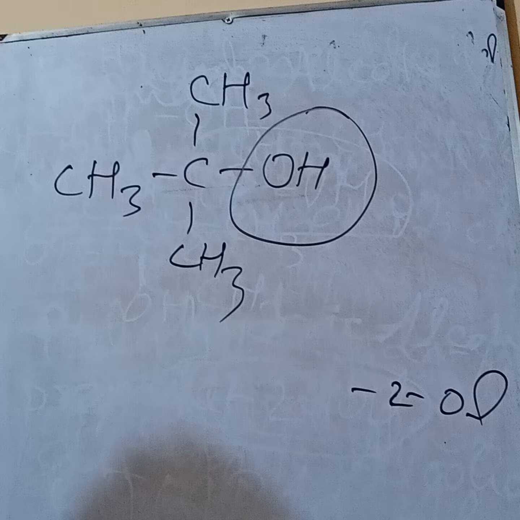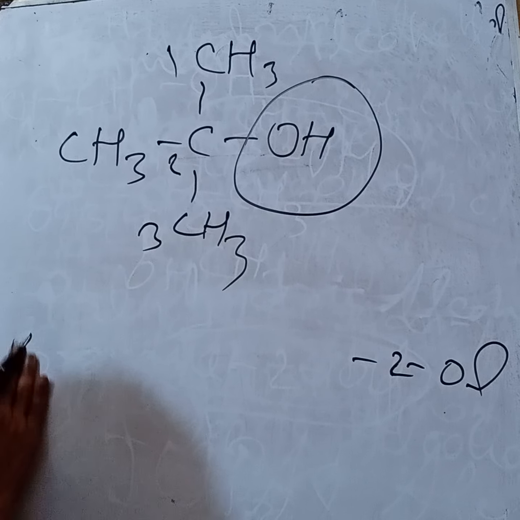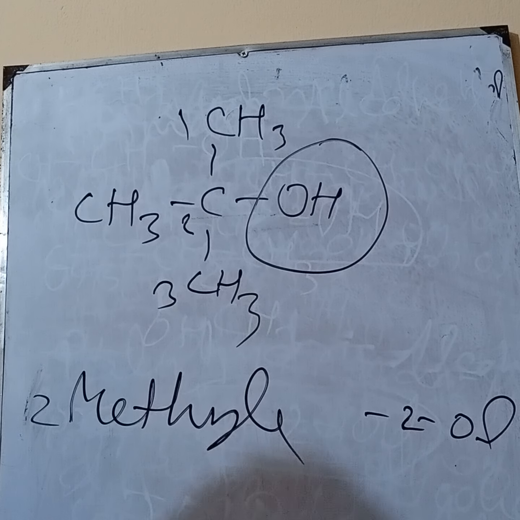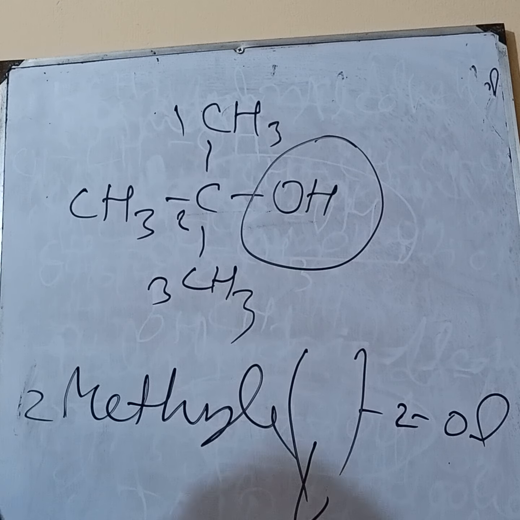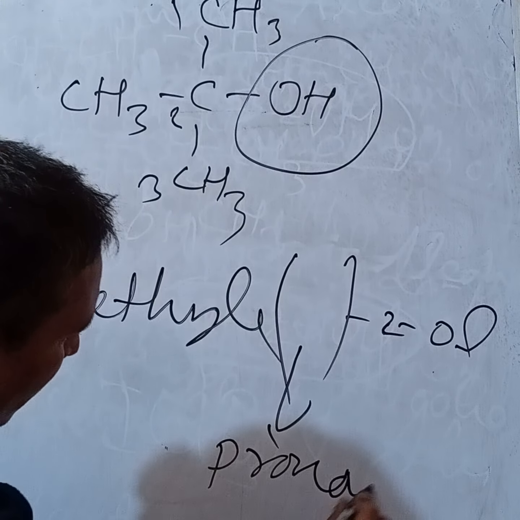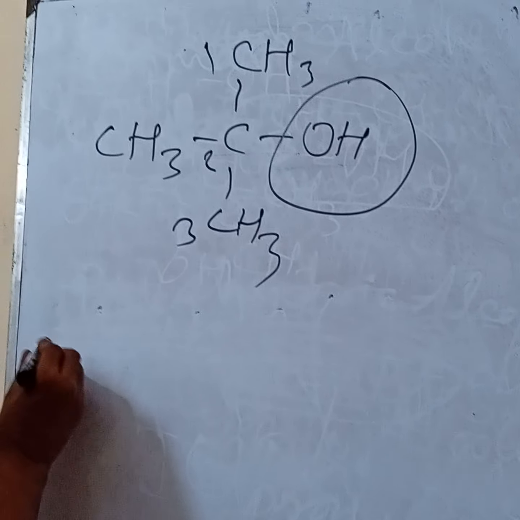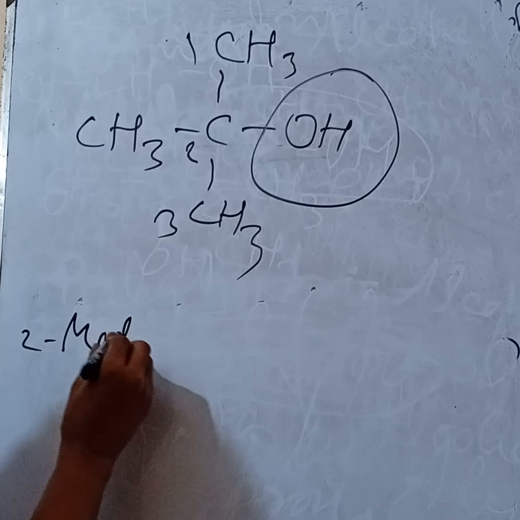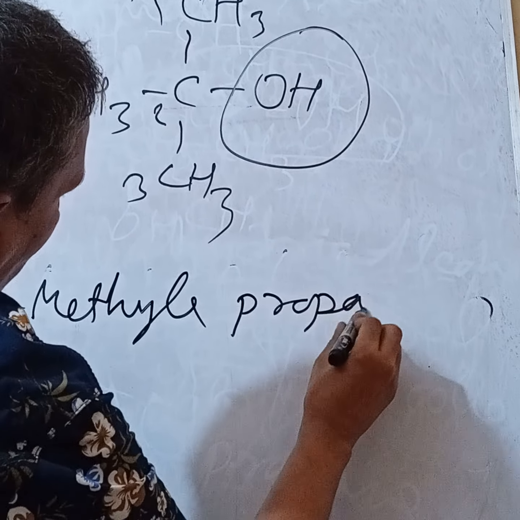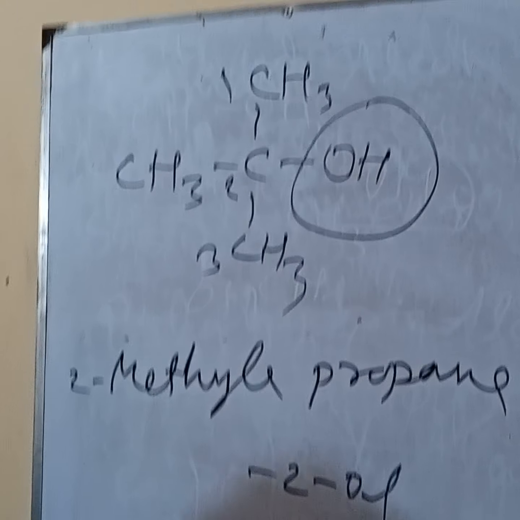Firstly, we have to write 1, 2, 3. 2-methyl propane-2-ol. Tertiary alcohol.